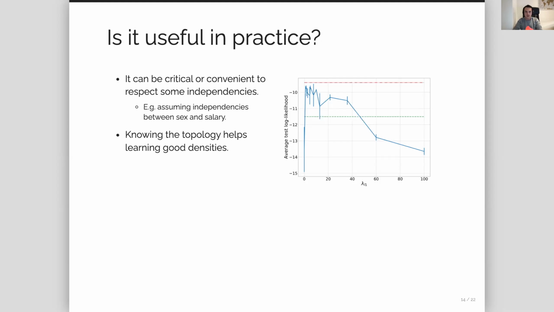And the green line is an autoregressive layer. And so you see that the graphical layer leads to the best performance. And this is probably because making the right independence assumptions and forcing the model to ensure them helps learning a better model with a smaller amount of data.